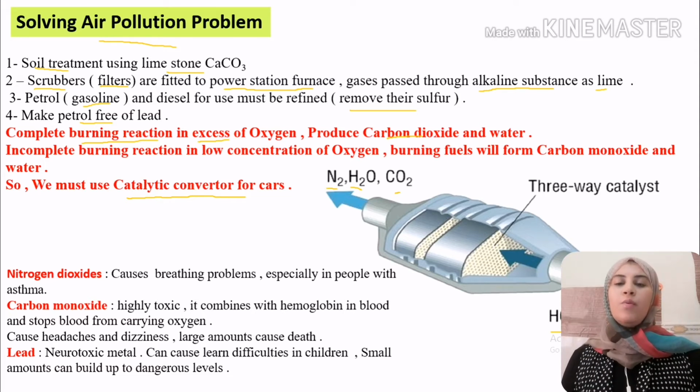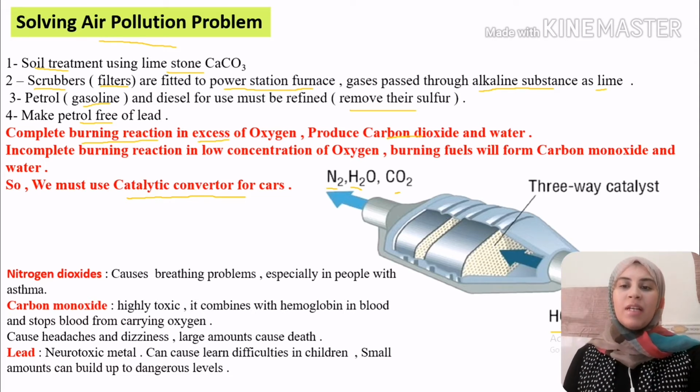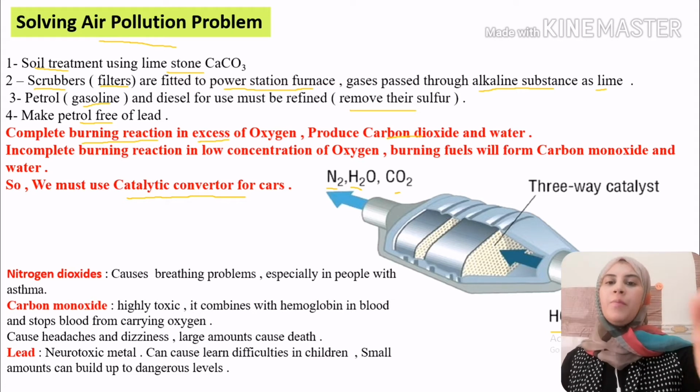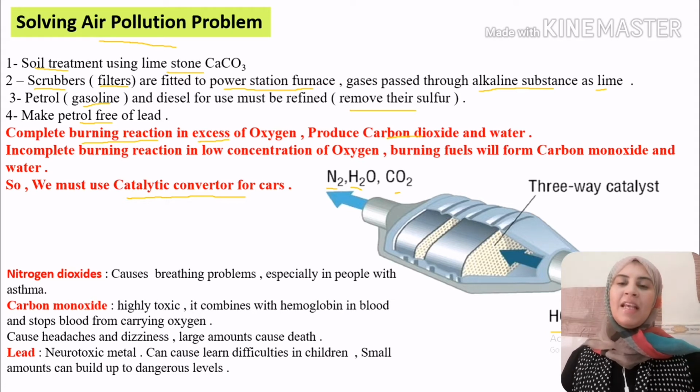At last, we will talk about lead. Lead is a neurotoxic metal. Lead can cause difficulties in children, especially in learning. In children, small amounts are stored in the human body.